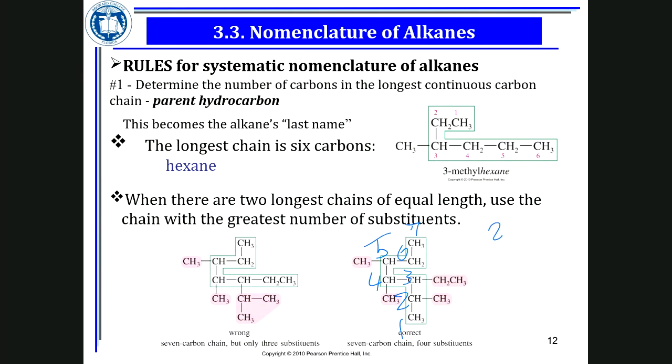There is a branch on carbon number 3. There is a branch on carbon number 4. And there is a branch on carbon number 5. So it would be 2 plus 3 plus 4 plus 5, and the total would be 14.